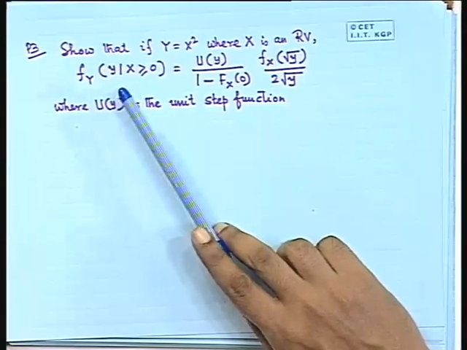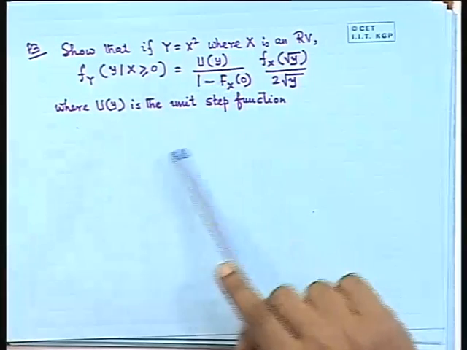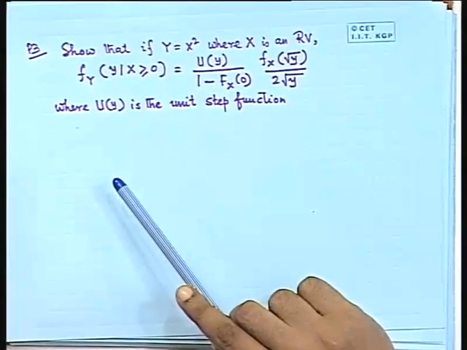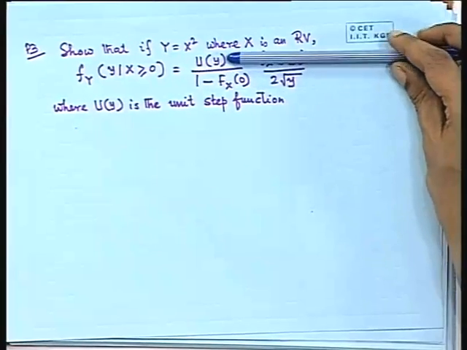So how do you do this? There are certain things that you have to note. First of all, let us see some parts whether we can recognize them, why they have come. Firstly, why has this u(y) come?